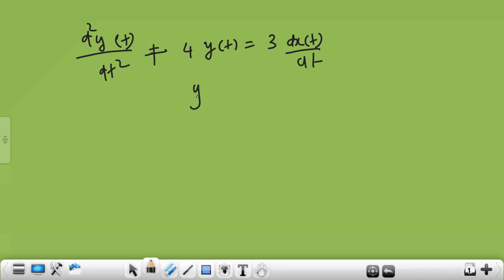Given y of 0 is equal to -1 and dy of t by dt at t equal to 0 is equal to 1.